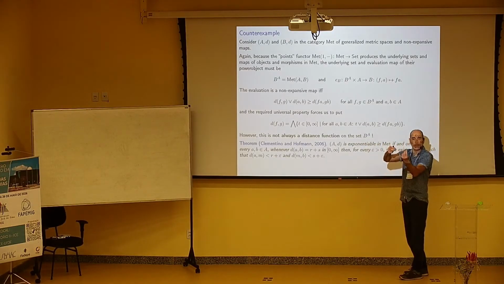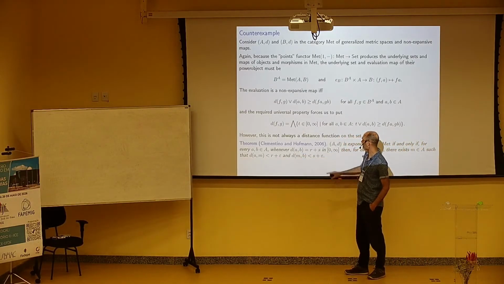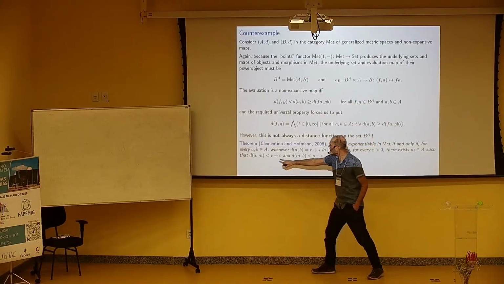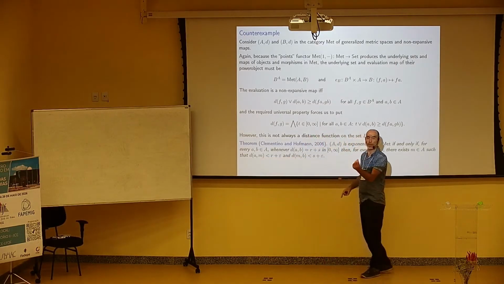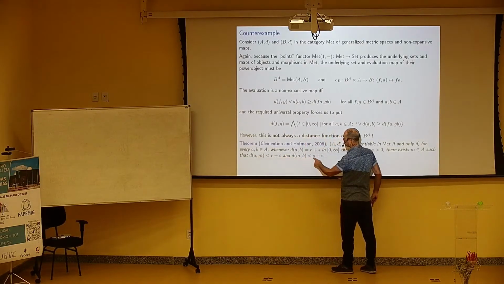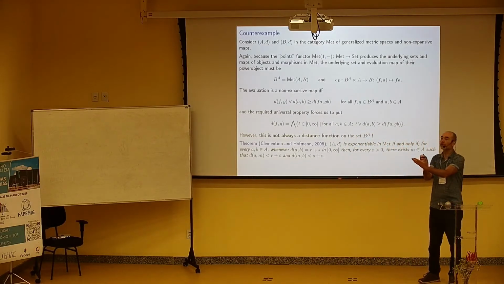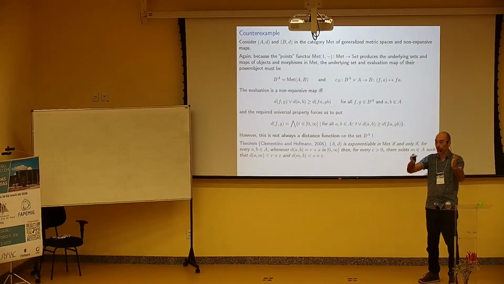So whenever the distance from A to B is R plus S, there should be an element M in the metric space, which is up to epsilon at distance R from one end and distance S from the other end. So there are approximate intermediate points for any which way in which you cut a distance in two.